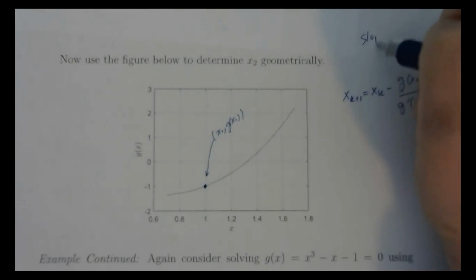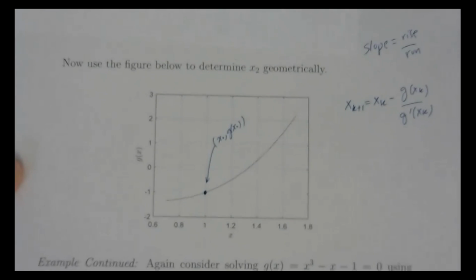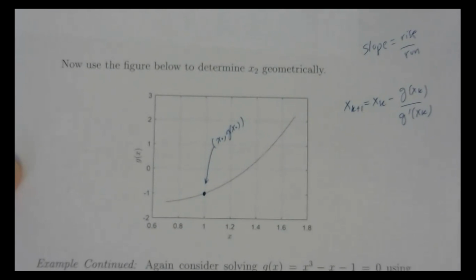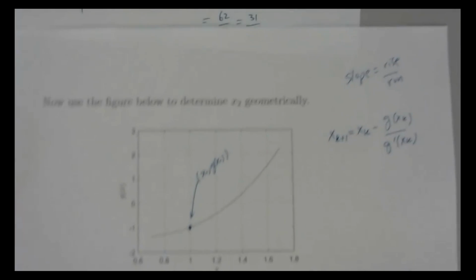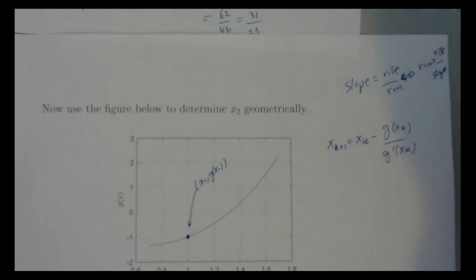So if I have slope is rise over run, this is like I've divided both sides by slope and multiplied both sides by run, right? This is like run is equal to rise over slope, which is exactly what this is.